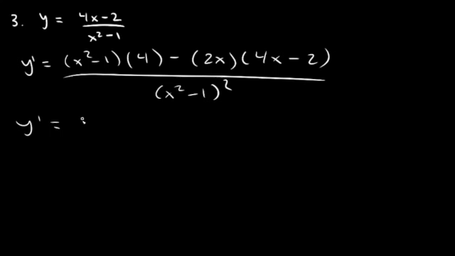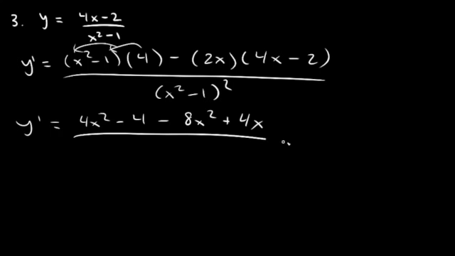Now, if we simplify this, we get 4x squared, because I'm just multiplying in, FOIL method kind of basically, 4x squared minus 4 minus 8x squared, minus, or plus because of this subtraction sign, plus 4x.